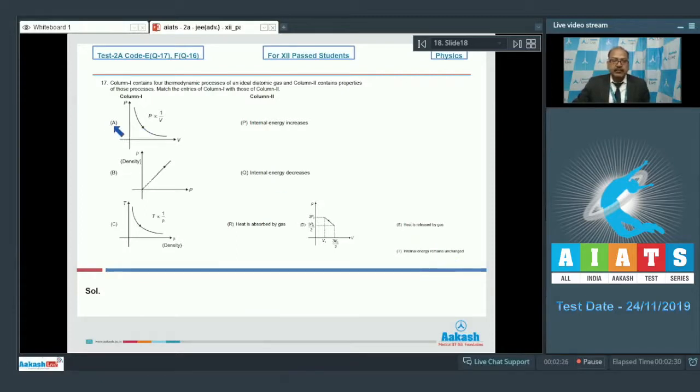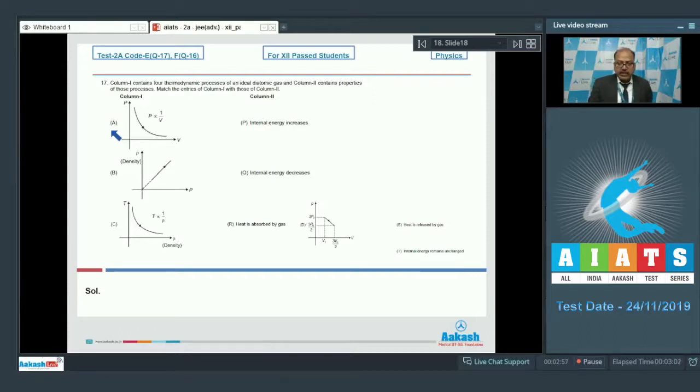Let's start with entry A. So in A, there's a PV graph where P is proportional to 1 by V. That means PV is equal to constant, which means that the process is isothermal process in which volume is increasing. So it's isothermal expansion.